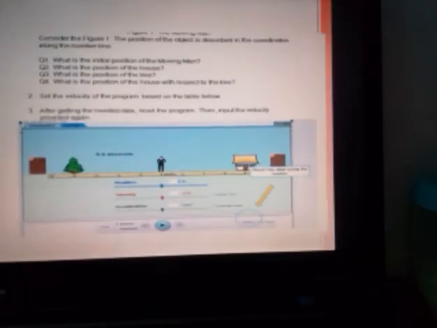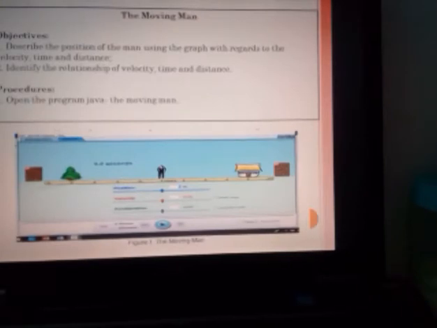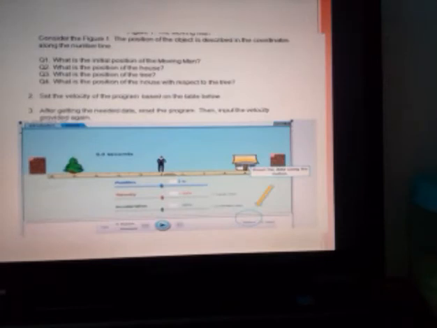Then the procedures are, number 1, we're going to open the program Java, The Moving Man. Then you are required to answer the 4 questions that are on your screen.